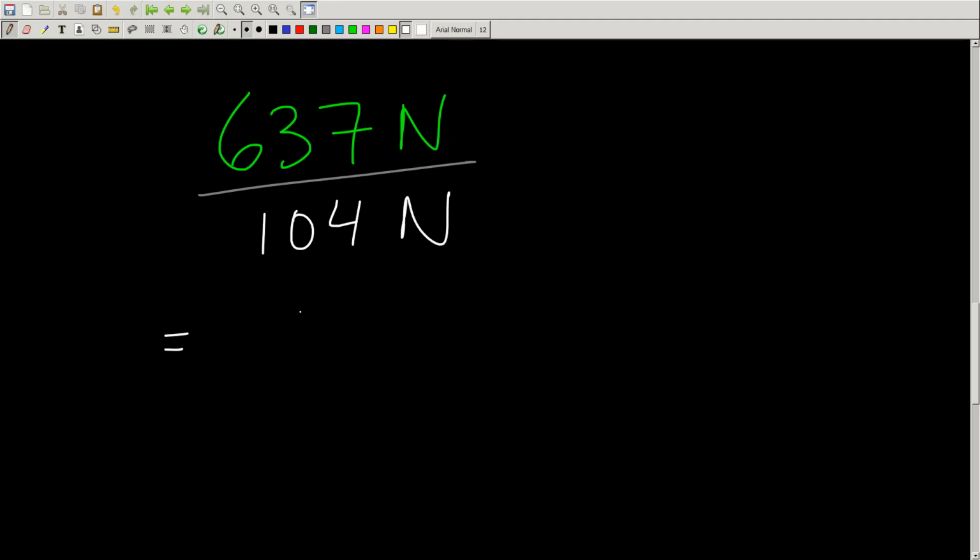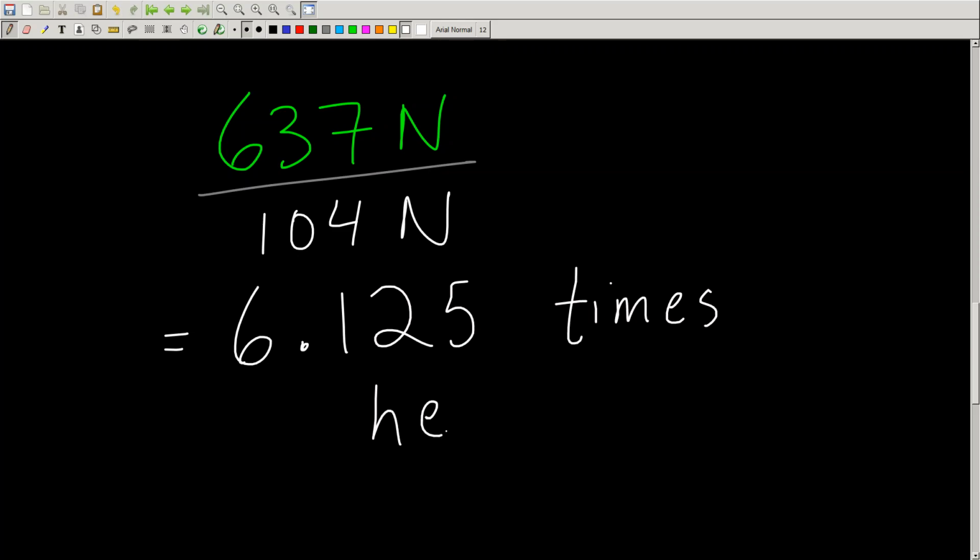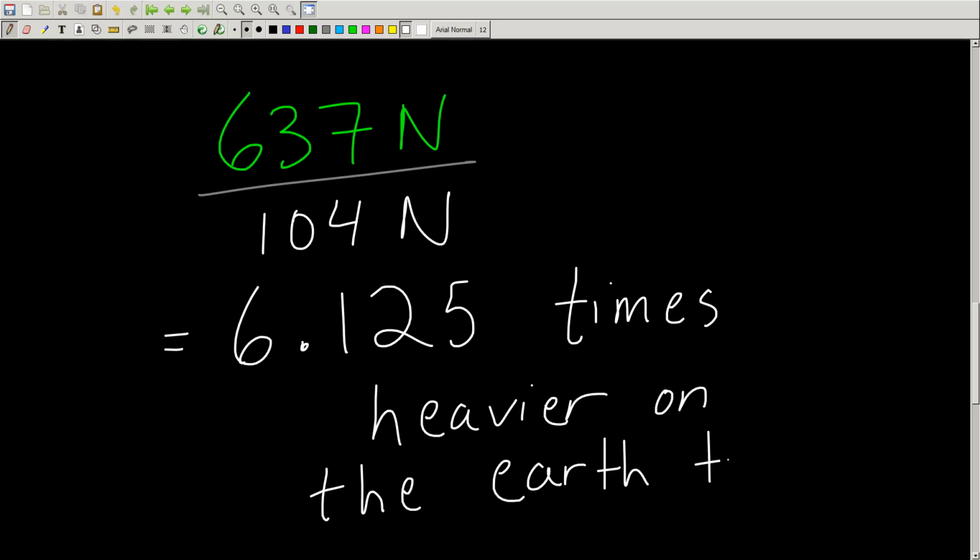What I'll do is get the ratio of the weights. So I'll feel a certain amount times heavier on the Earth than the Moon. This will give you that amount. So divide by 104. It is 6.125 times heavier on the Earth than the Moon.